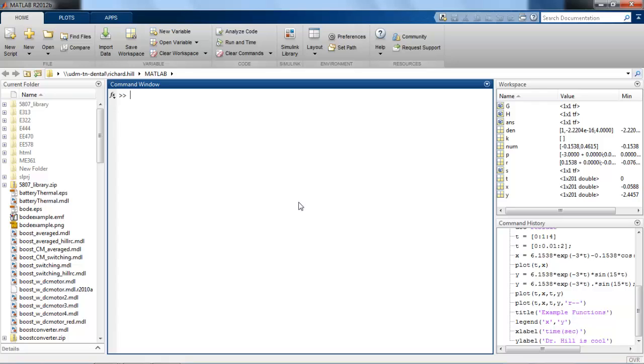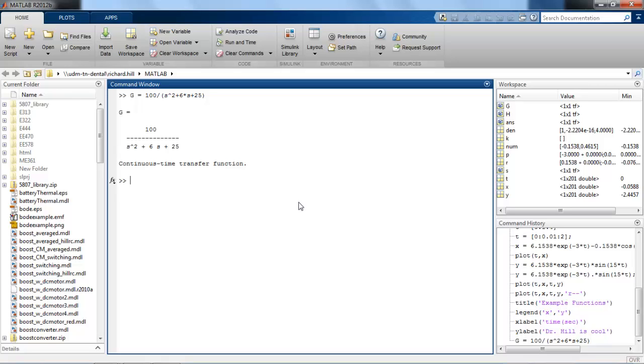We still have the Laplace variable s defined. I will go ahead and define our transfer function g, which was 100 divided by s squared plus 6 times s plus 25.